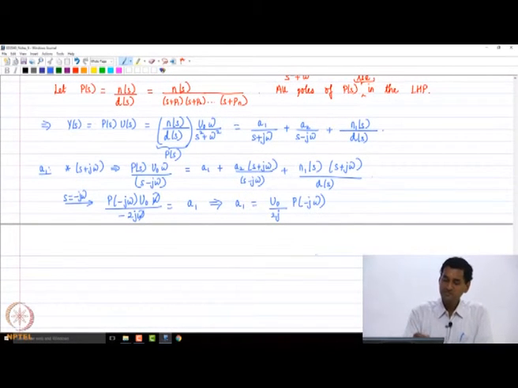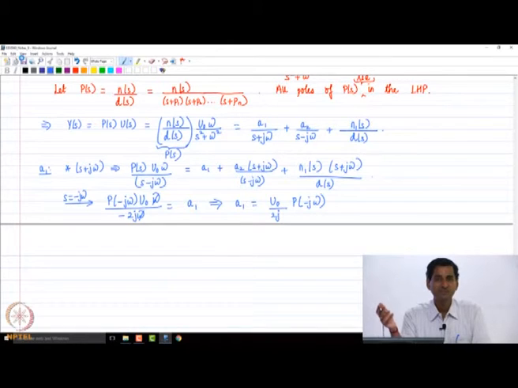So, what is P of minus j omega? P of minus j omega is the plant transfer function evaluated at s equals minus j omega. Obviously, that is going to be a complex quantity, and we know that any complex variable has a magnitude and a phase. There are various representations of a complex variable. I can have a representation in terms of real and imaginary parts. I can also have a magnitude and phase representation for the same complex variable.